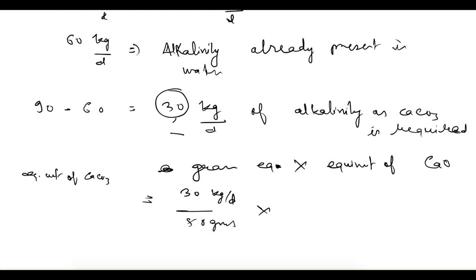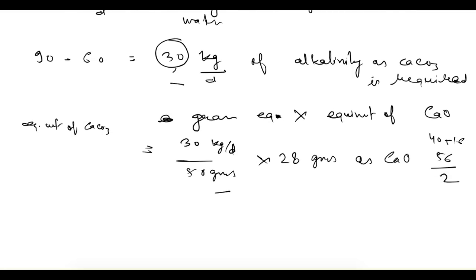The equivalent weight is the molecular weight, 40 plus 16, that is 56, divided by valency 2, so that is 28 grams as CaO. So this is your conversion. If you solve this, it would be 16.8 into 10 to the power 3 grams per day.